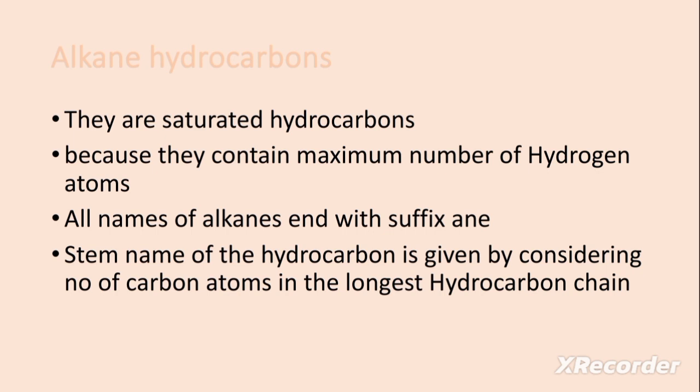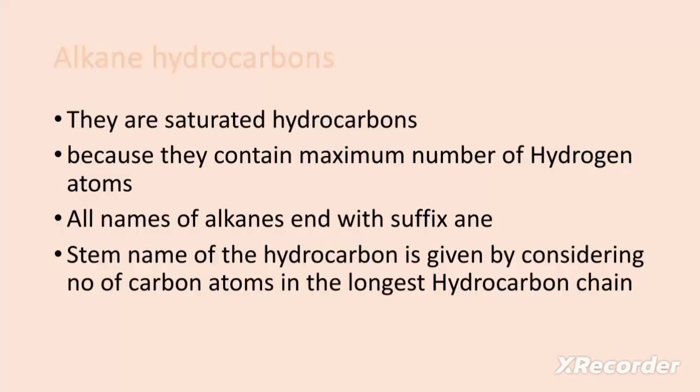All names of alkanes end with the suffix ane, right? The stem name of the hydrocarbon is given by considering the number of atoms of the longest hydrocarbon chain. For studying the nomenclature separately, we will first study the stem names of all the hydrocarbons. That is like the numbering of chemistry.